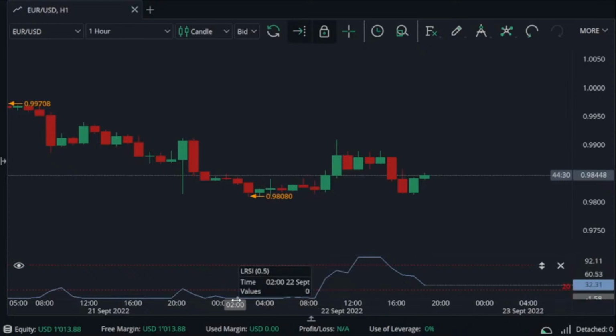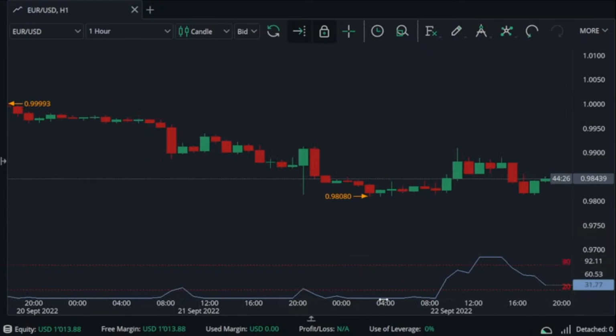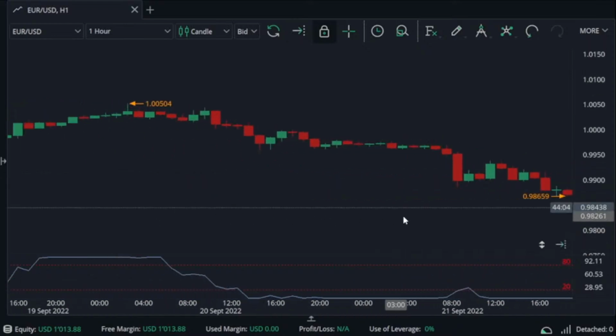And if on the lower side we have this indicator below 20, then that is indicative of the bearish sentiments prevalent in the underlying instrument, the Euro USD in this case. So you can take into consideration this momentum prevalent in the instrument of your choice. Now we will talk about Euro USD's case for this session.